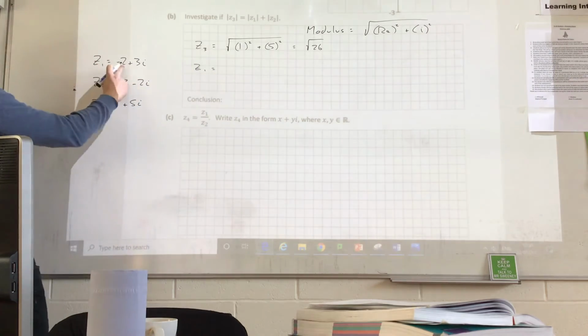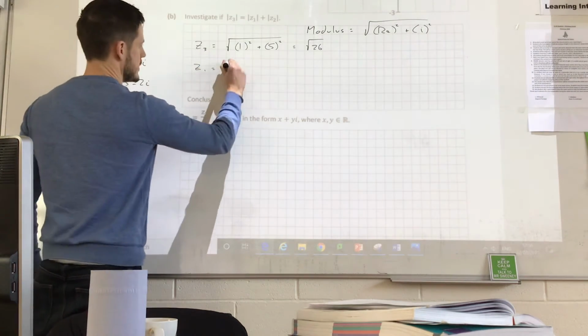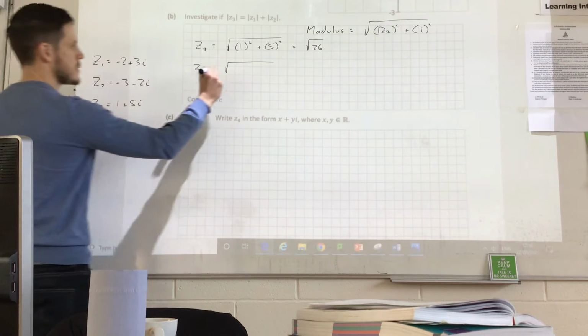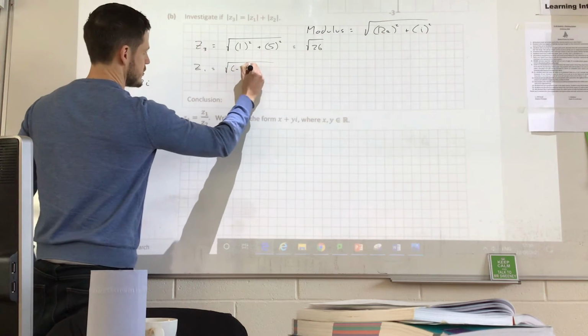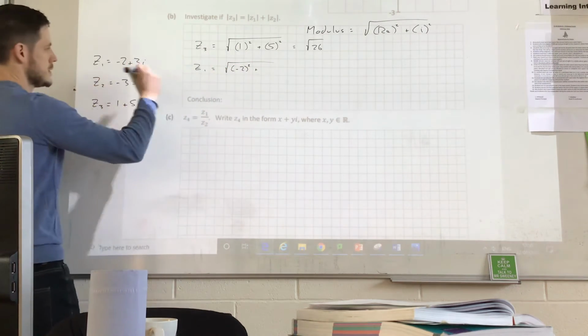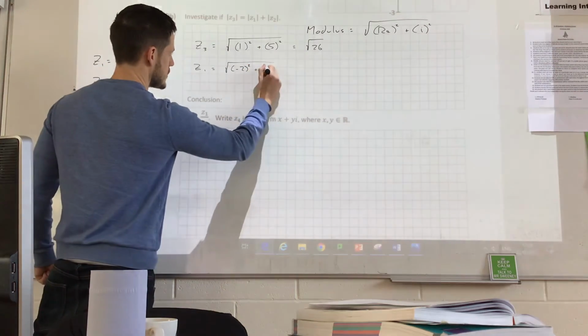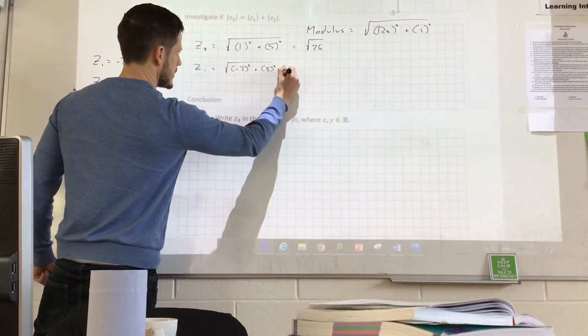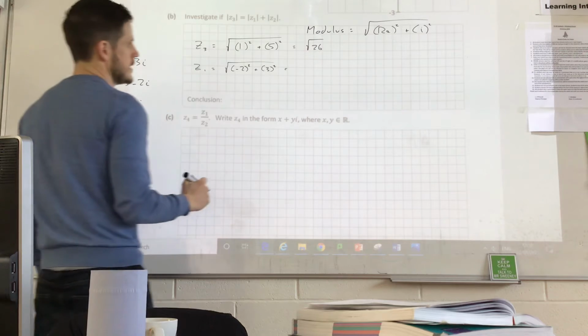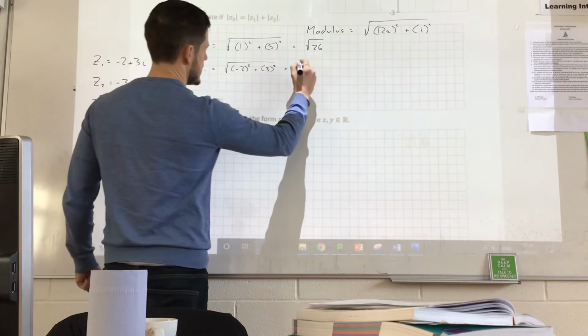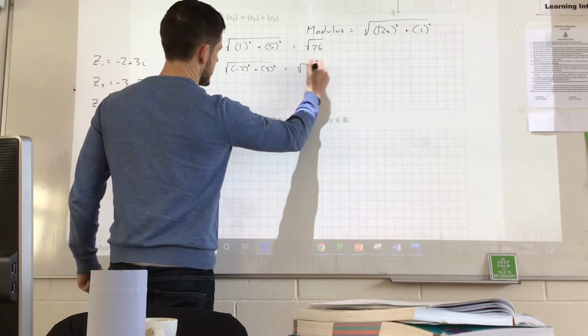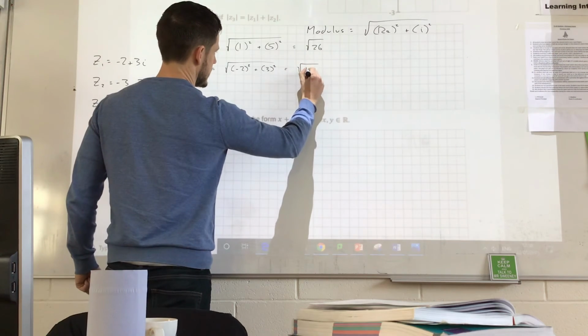Well, z1 is minus 2 plus 3i. So it's going to be the square root of minus 2 squared, which is going to give me 4, use a calculator for this, plus 3 squared. And don't forget to put them in brackets. So that's 4 plus 9, which is equal to the square root of 13.